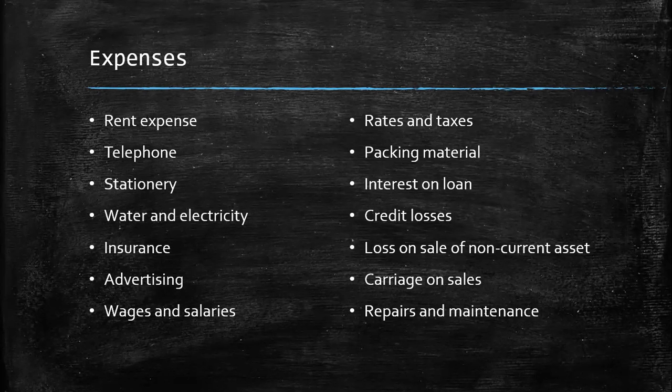These are the examples of expenses. Don't forget that these items, they influence the value of equity negatively. Hence, they are debited. They are recorded on the debit side of the ledger account.